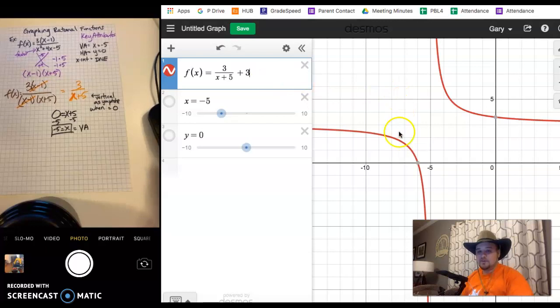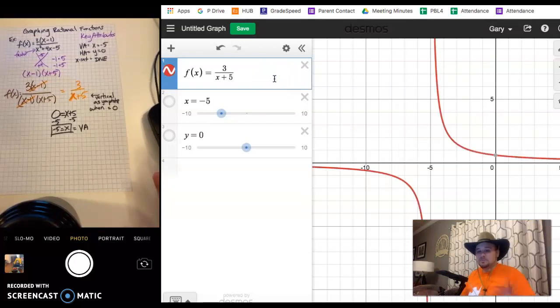So you'll see that now we've got an x-intercept because we've added and moved it up. So that horizontal asymptote moved up to 3, and so now it opens up for an x-intercept. There are going to be quite a few on your homework where if there's not something added at the end, you're not going to see an x-intercept, but sometimes you'll have one.